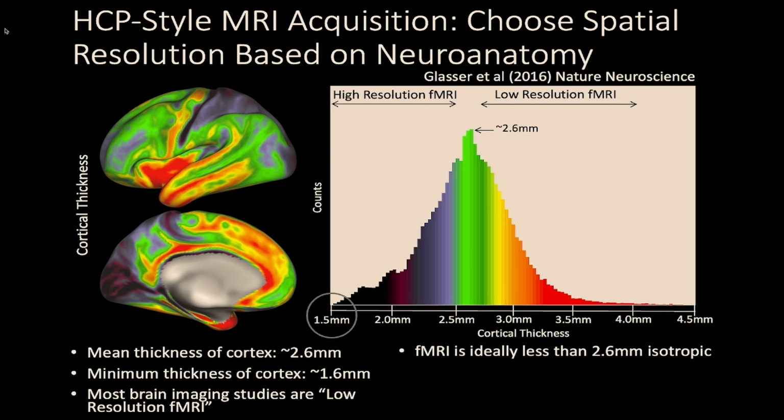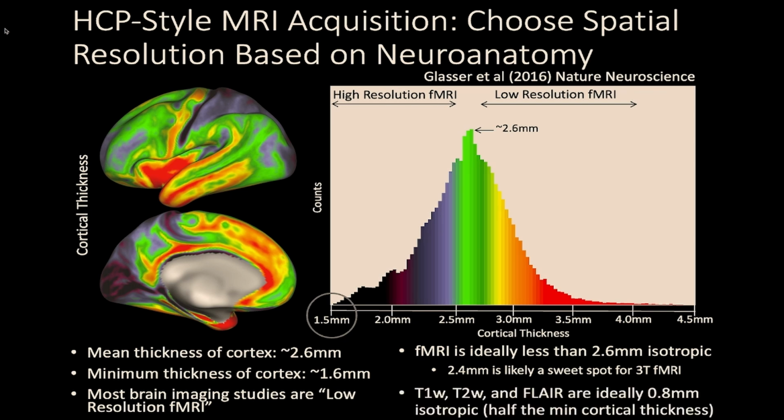For a clinical study, ideally you want to be less than 2.6 millimeters. 2.4 is actually a sweet spot. That's not quite as fine as we did for HCP, but oftentimes people cannot afford many hours of scan time like we had for the HCP. So 2.4 is taking a little bit of a step back to gain some SNR, but still being less than that 2.6 mean cortical thickness.